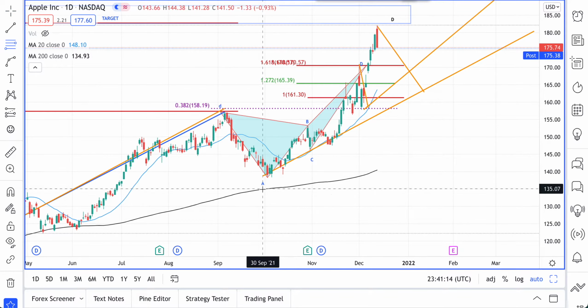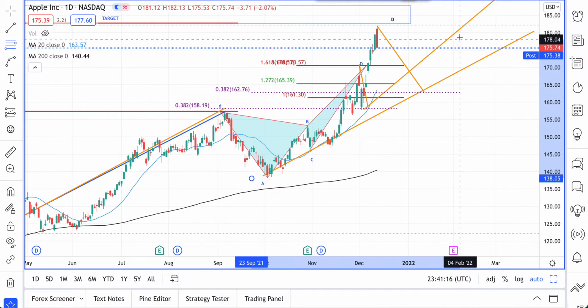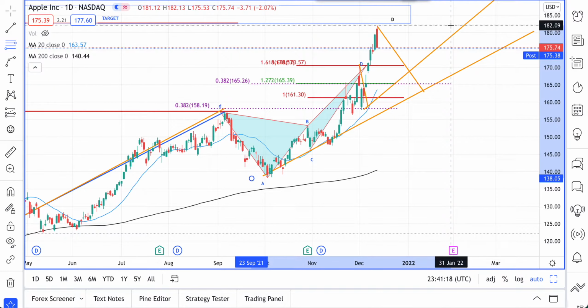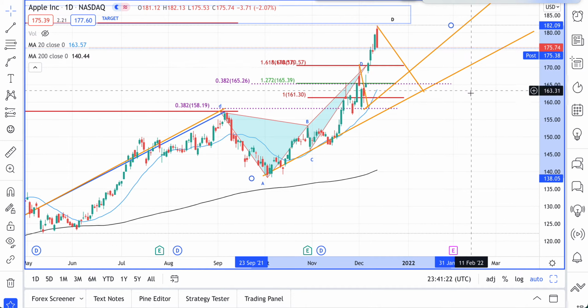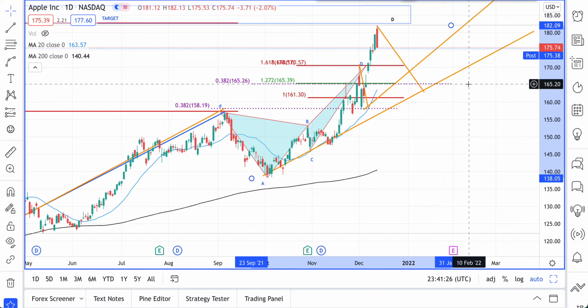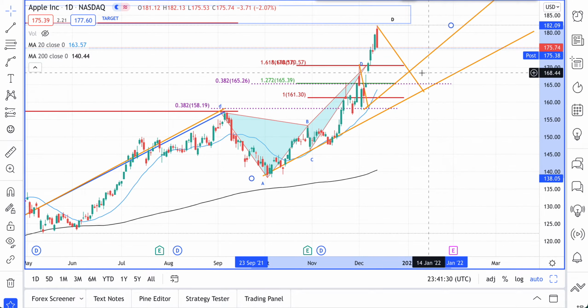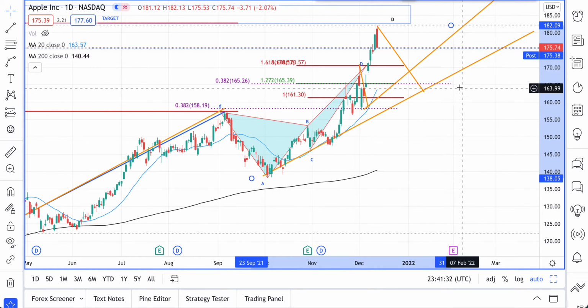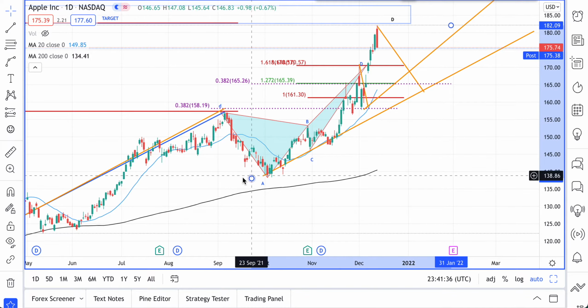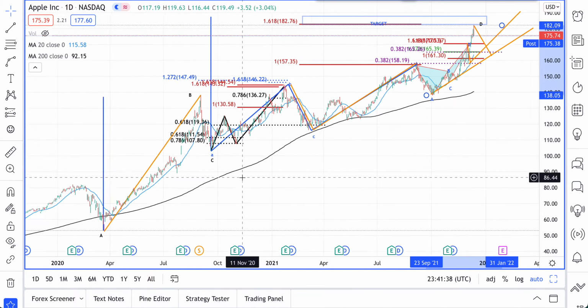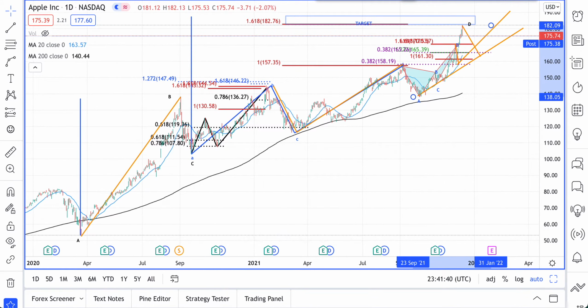Let's also check the Fibonacci levels around here. And yes, we get around $165 to $163 region. So that's possible as a first target if price is going to pull down further, because it's also an ABCD completion of a larger cycle here.